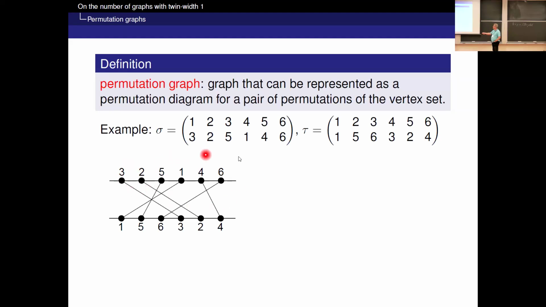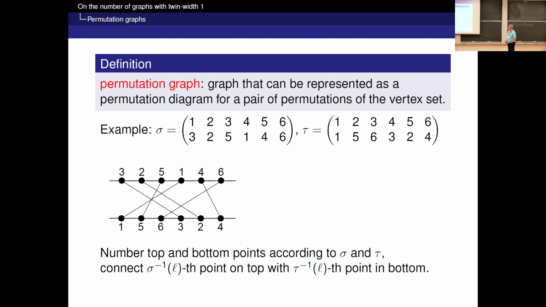So these are the values of sigma here. These are the values of tau, and then connect the sigma inverse of l point and the tau inverse of l point. So these 2 points for each l between the 2 lines, then you get such a diagram.